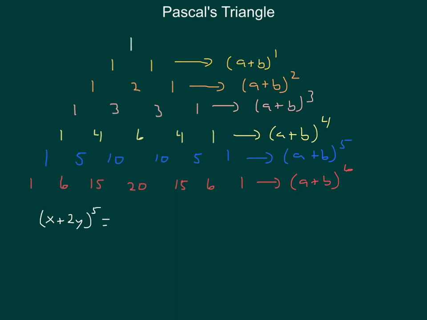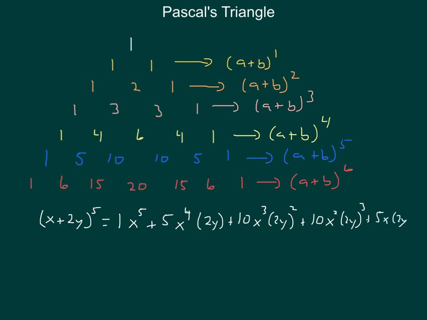So the first one is 1 times x to the 5th, plus 5 times x to the 4th times 2y, plus 10 times x cubed times 2y to the 2nd, plus 10 times x squared times 2y to the 3rd, plus 5x times 2y to the 4th, and then plus 1 times 2y to the 5th.